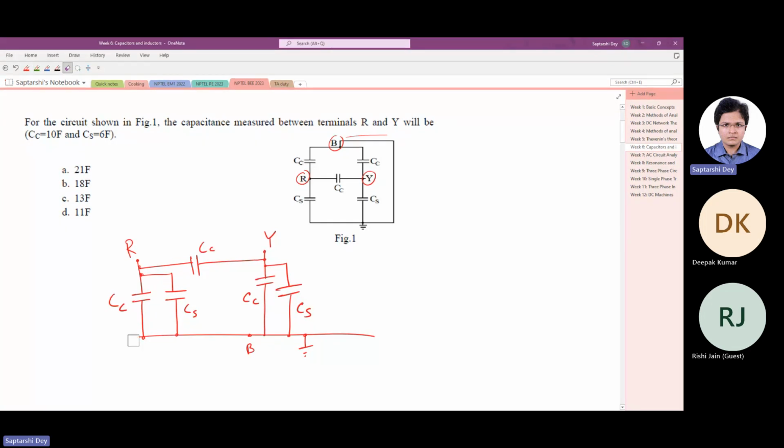So the circuit basically looks like this. We did not draw the ground anymore, it doesn't matter.